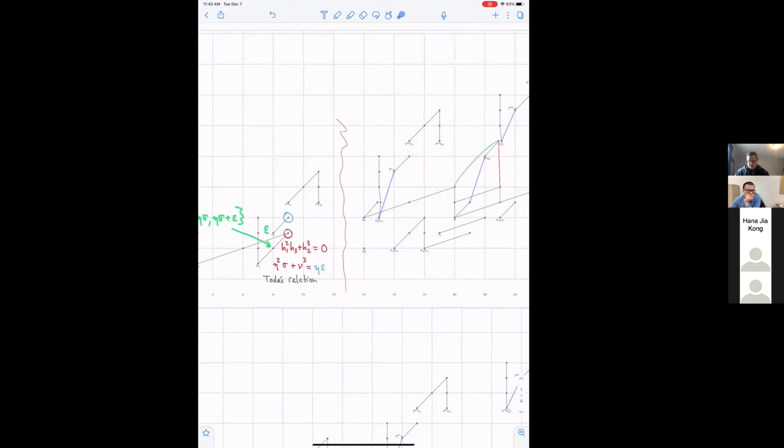PC0 in E infinity doesn't look like an eta multiple, but it turns out it actually is an eta multiple, and so that puts PC0 into the indeterminacy. In other words, that bracket eta, comma 2, comma sigma squared, contains 2 elements. Those 2 elements are precisely the 2 elements that are detected by h1 h4.